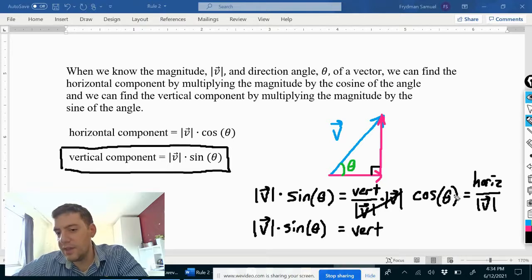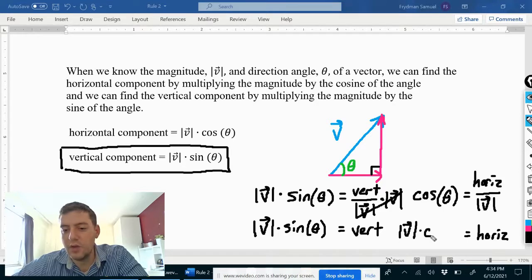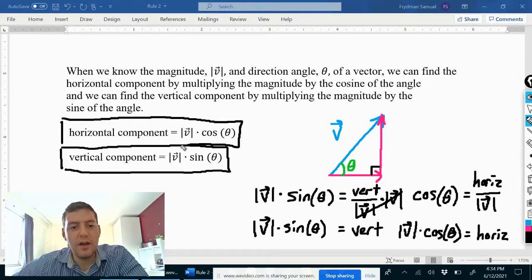And we could do the same thing for this equation. If we were to multiply both sides by the magnitude of v, then it would cancel over here, and we would get that the horizontal component is equal to the magnitude of vector v times the cosine of the angle, which is exactly what we said over here.